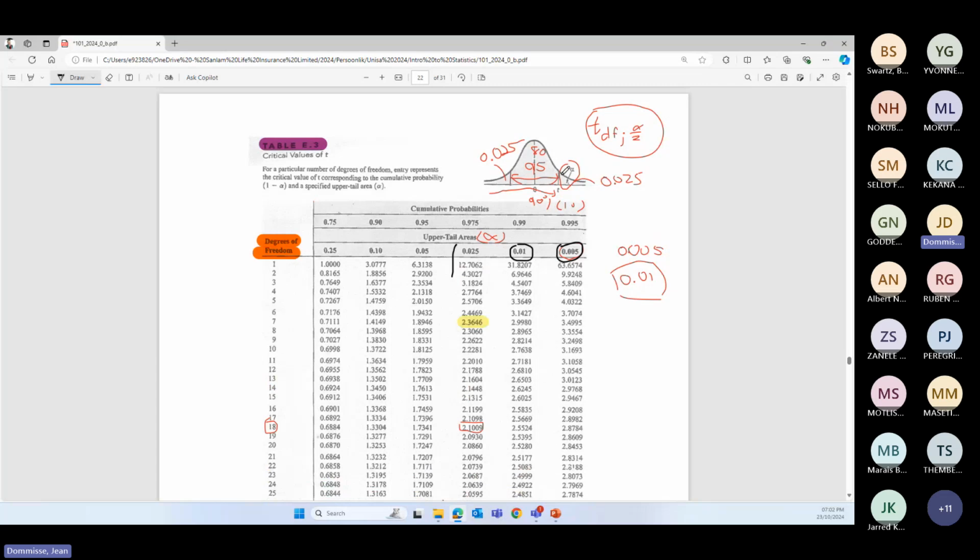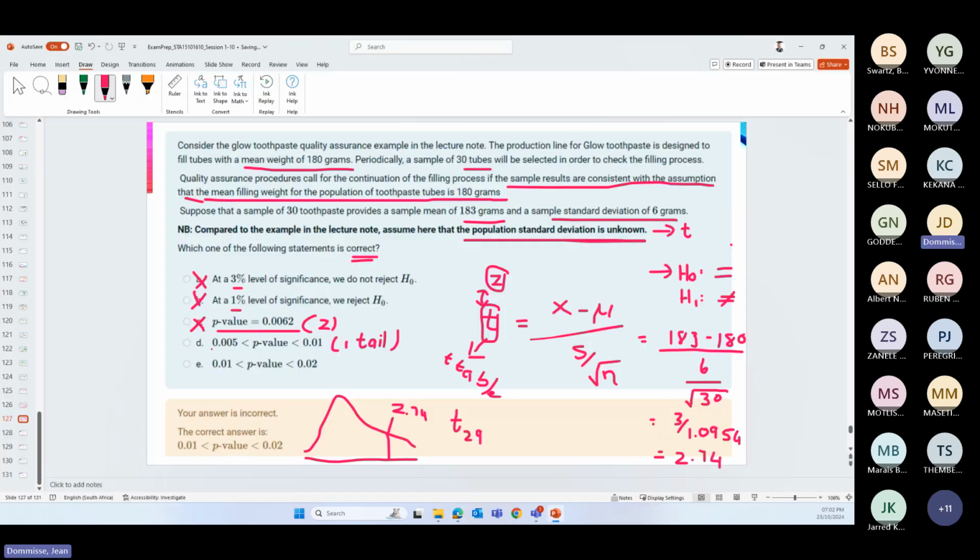I will again share a cleaner one with you guys. So there's the one tail. We're working with a two tail. So then I wanted to say that one is correct, but that's for one tail.